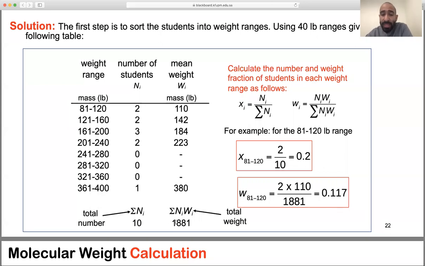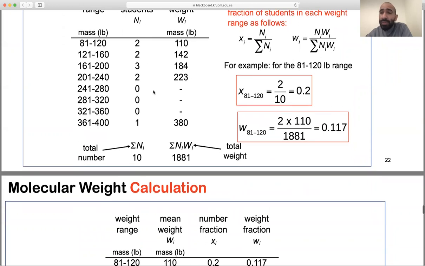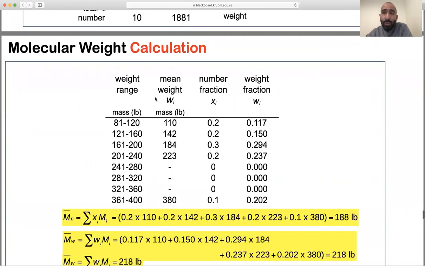The summation goes in the denominator, and in the top we get Ni times Wi. This is called the weight fraction, as opposed to the number fraction. As you can see, we get 0.117 for the first group, and that's going to be multiplied by 10, and you do the rest for the rest of the groups.